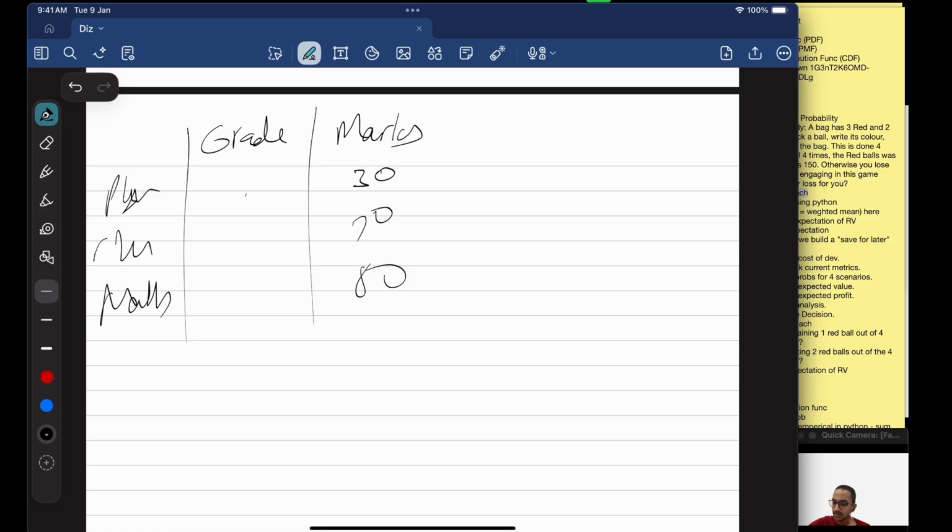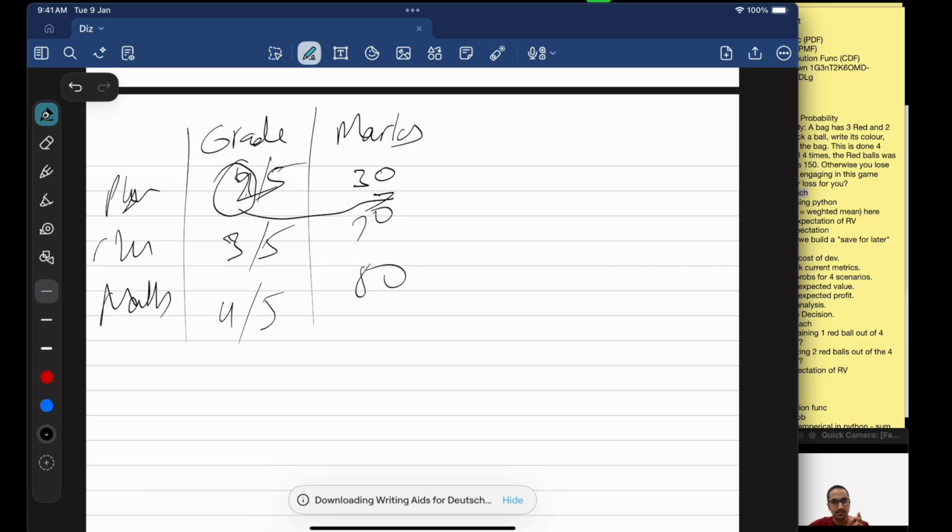Let's say physics has a grade of 4 out of 5, and chemistry you got 2 out of 5, and you got a 3 out of 5, and you got a 4 out of 5 here. So this 2 does not reflect the frequency.